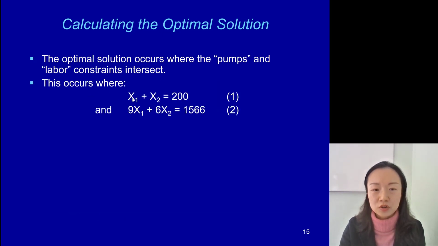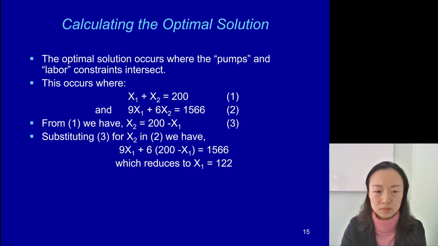Okay, so this occurs where x1 plus x2 equals 200 and this one. So when we solve those two equations, we can do it the same way. From 1, we can get x2 equals 200 subtract x1, and substituting this 3 here for x2 in this 2 equation, we can get this part, which reduces to x1 equals 122.